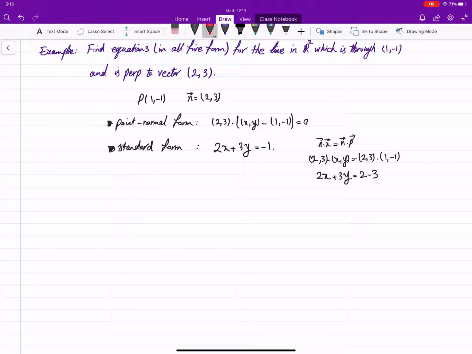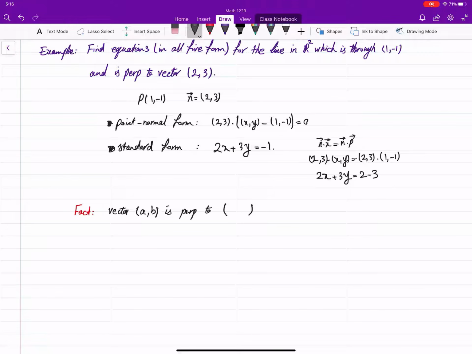In R2, this is a fact: if you have a vector (a, b), you can find a vector which is perpendicular, orthogonal to it just by doing this operation.